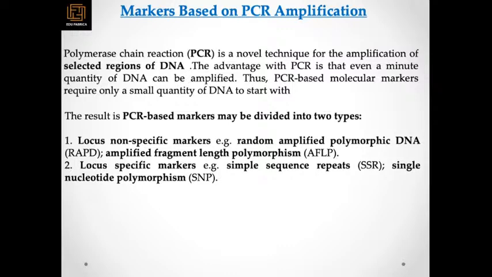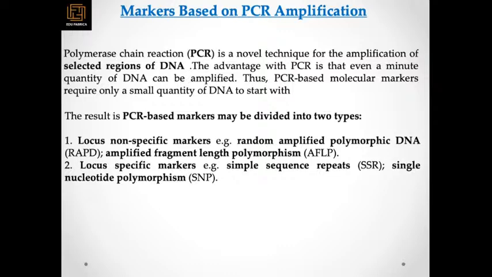Then markers based on PCR amplification. So above was the non-PCR hybridized form, the RFLP. Now we are discussing the PCR-based forms, that is RAPD, AFLP, SSRs, SNPs. So all these other than RFLP are PCR based, and PCR we have discussed in our first lectures, that is polymerase chain reaction.